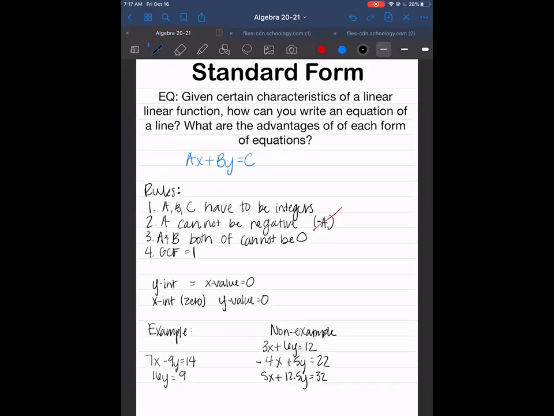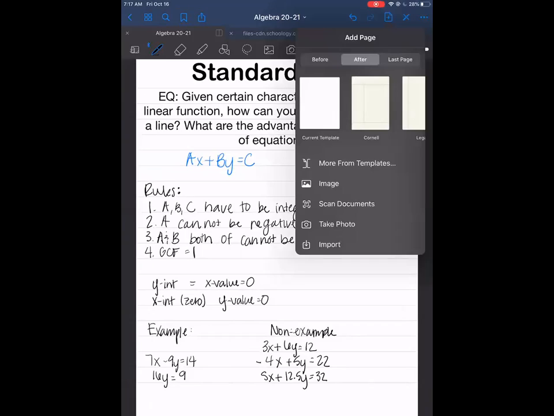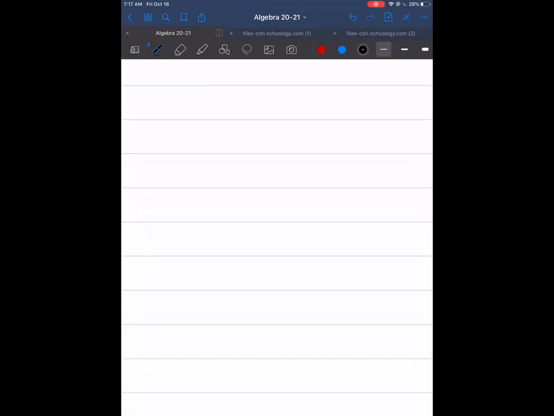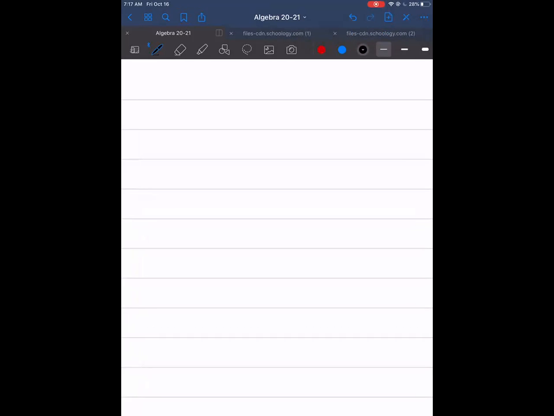And I want to quickly go over, I'm going to add another page, how to find the x and y intercept in standard form. And that is what makes standard form so easy for us to graph. So if I have 3x plus 4y equals 13, I want to find the 0, or the x-intercept, and the y-intercept.